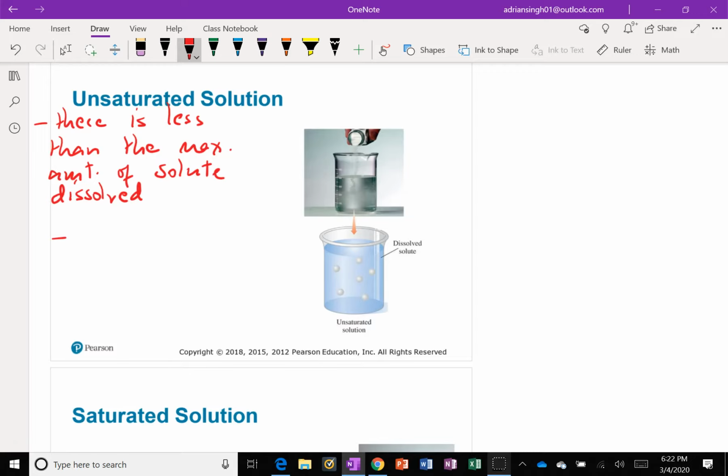Right? Maybe we're at that point. Maybe. But hopefully you're still unsaturated, and there's room for more stuff in there. So any extra solute will dissolve in the solution. Right? Unsaturated, room for more.